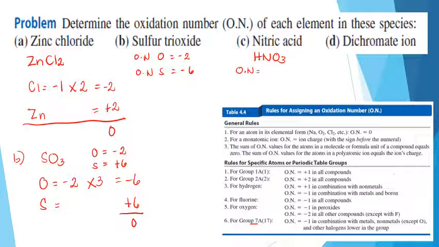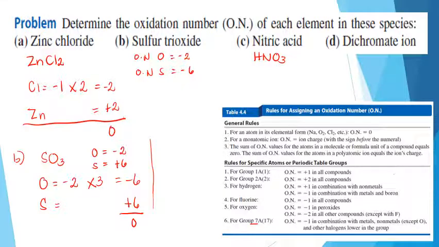Since it has oxygen in the compound formula unit, you determine the oxidation number of oxygen first. The oxidation number of oxygen is -2 in this molecule, and since we have 3, that will be multiplied by 3, which is equal to -6. So we have to total the oxidation number of our oxygen in our HNO3.